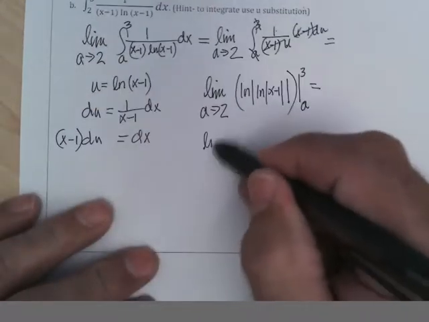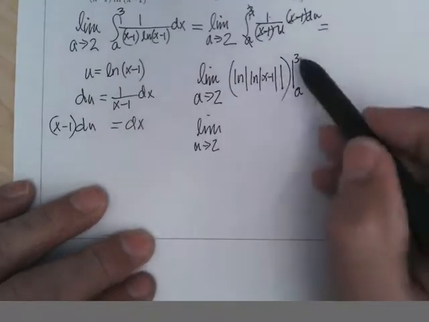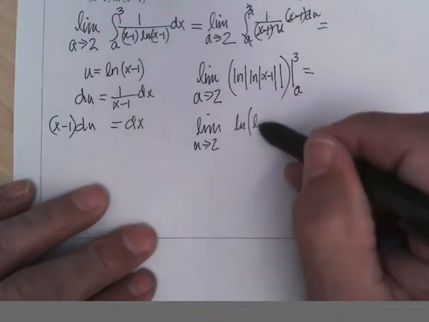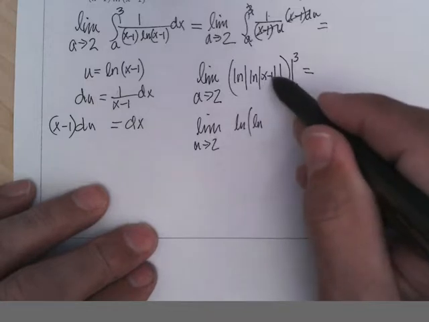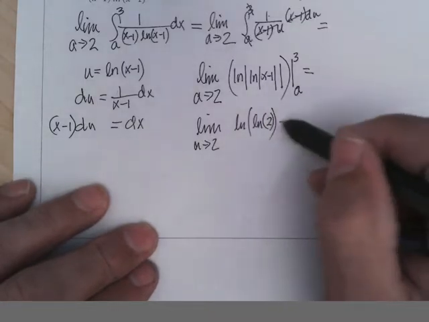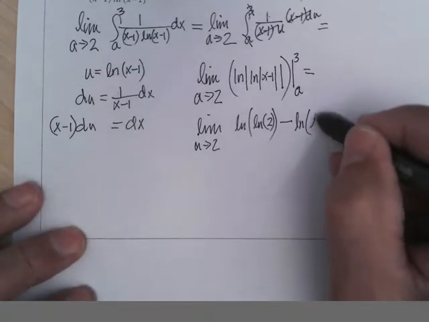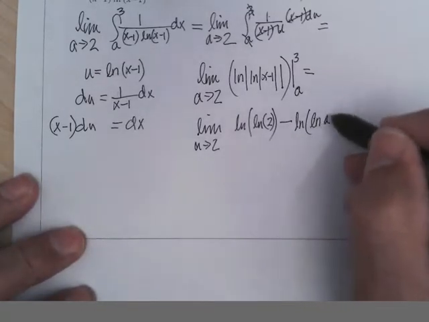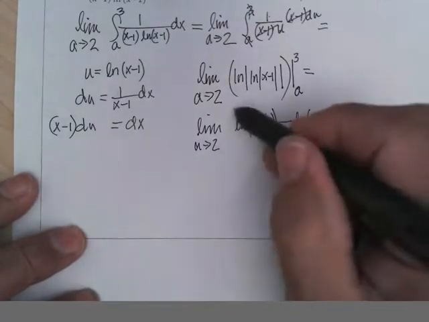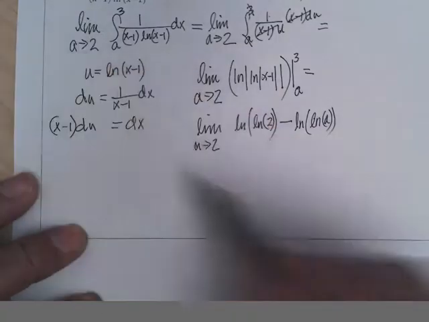So I haven't done the limit yet. Put in 3 and I get ln of 3 minus 1, 2, minus ln of a, and those could be absolute value, but a is supposedly in the positive area, so it's not a problem.